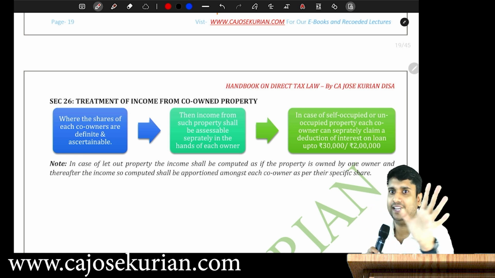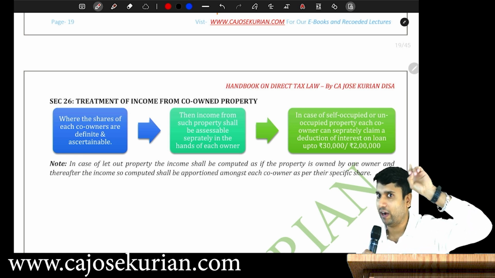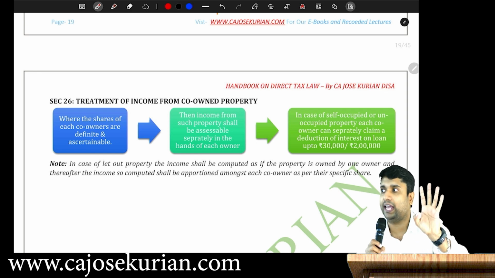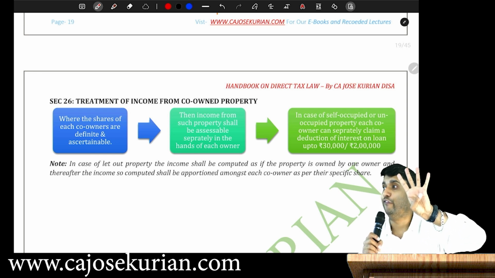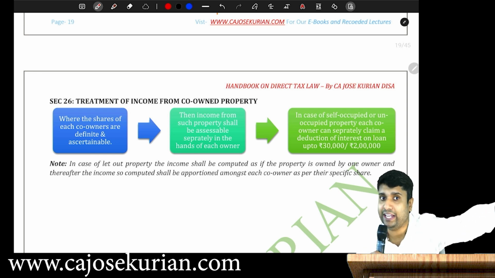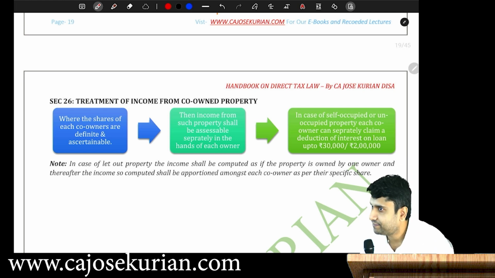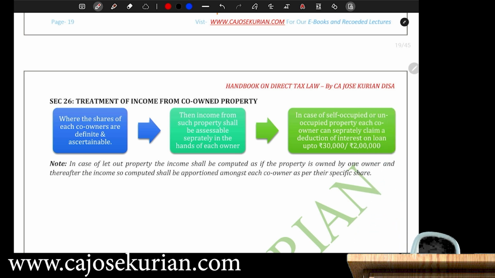If my actual interest is say 4 lakh on one property, I took a loan on this property and I'm eligible to claim up to 4 lakh: 2 for me and 2 for my wife if we are equal owners. Is that clear? I hope you understood.